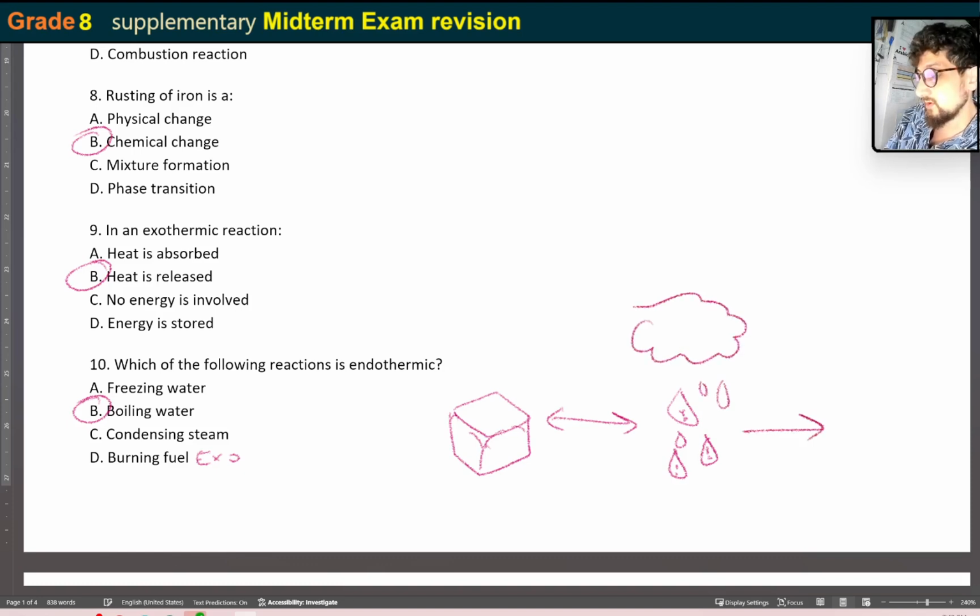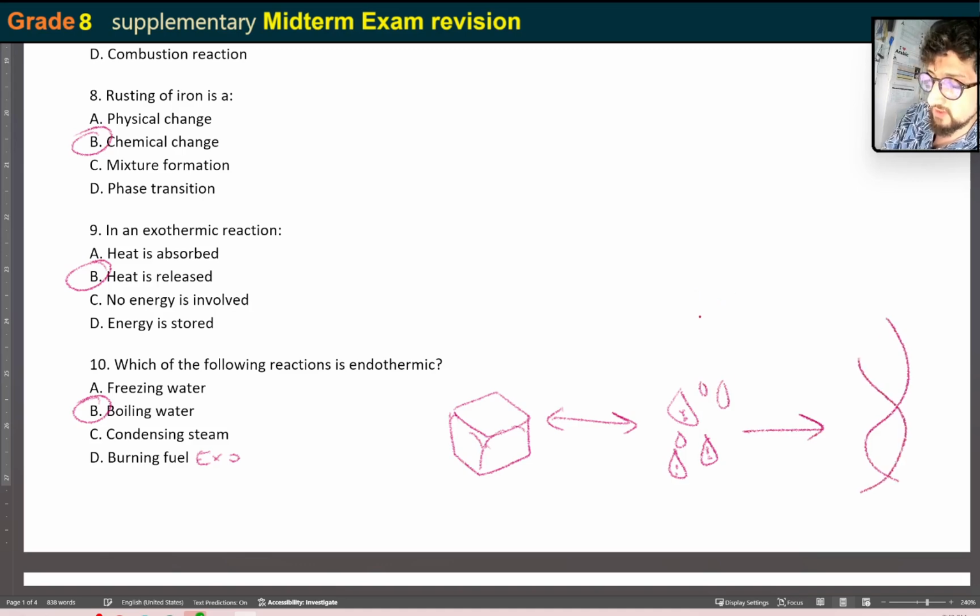And then we've got steam. I'm going to remove the cloud so I don't confuse you. Now, that is in gas form, that is in liquid form, and that is in solid form.